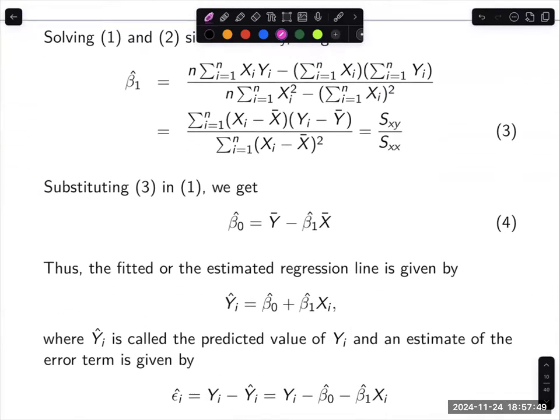And we can also solve for beta 0, and beta 0 hat is equal to y bar minus beta 1 hat times x bar. And why do we add a hat onto that? It's just to remind yourself they are just estimators for beta 0 and beta 1.